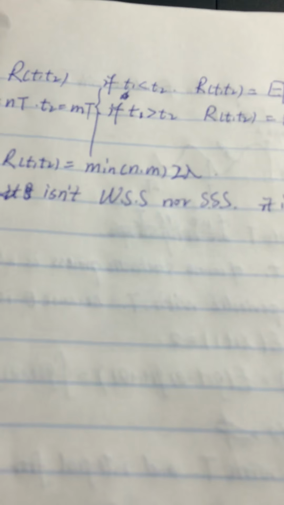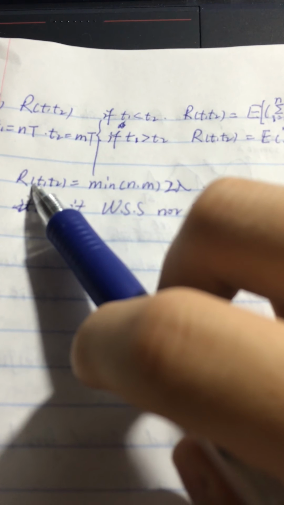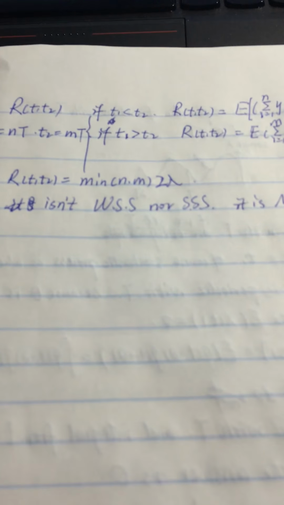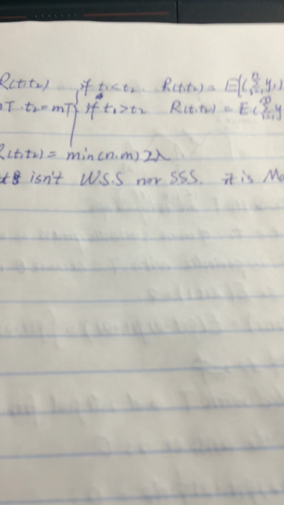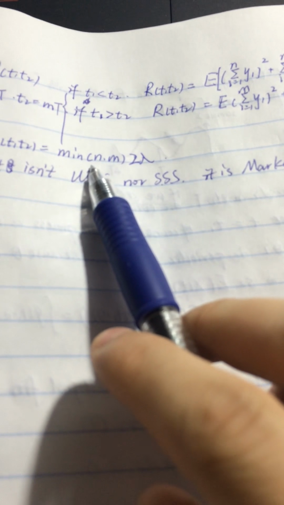And the last one, we want to know whether it is WSS or SSS. It is not, because R is not just about the time difference, it depends on T1 and T2, right?